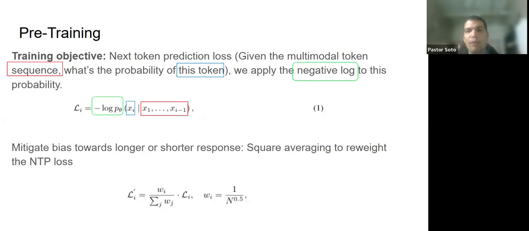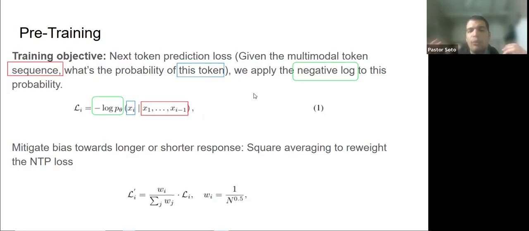Now we are going to understand what they did at the pre-training stage. So the first thing that they decided is that they are going to use the next token prediction loss, which is, given the sequence that we have here, and this is a multimodal sequence, so you have text and image, you have a sequence, and then you want to predict the probability of having this token. Given this sequence, what's the probability of having this token?